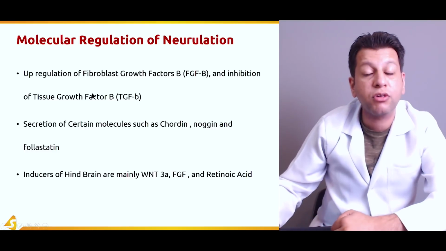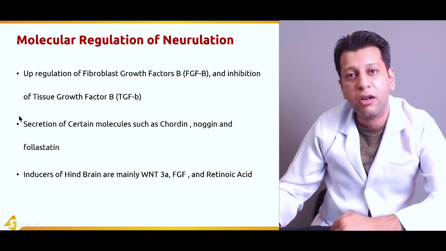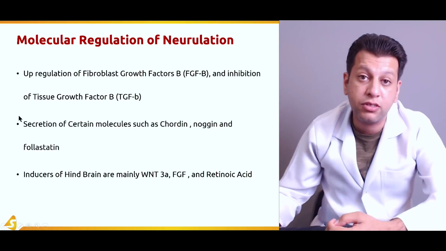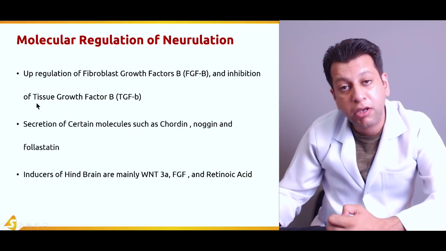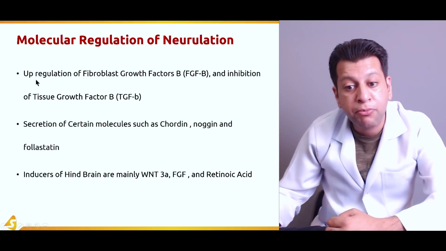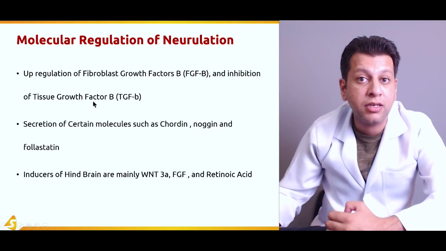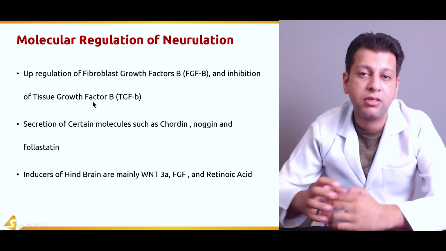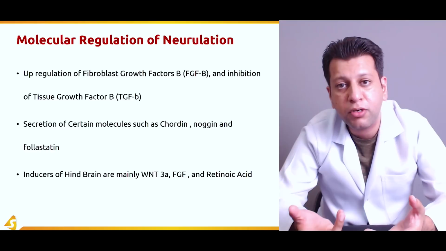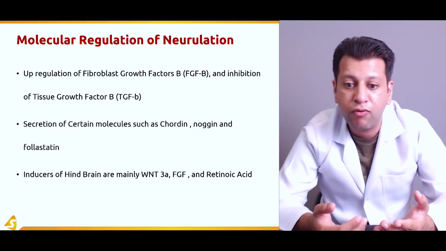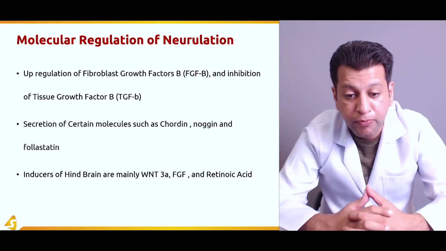So this is what I was talking about. There is molecular regulation. Although these mechanisms are being understood and there is still a lot of research going on, the exact mechanism is still unknown. It is speculated that there is an upregulation of fibroblast growth factor, and transforming growth factor beta is downregulated. That is, certain genes are expressed which increase the formation of FGF, while the production of TGF beta is reduced.